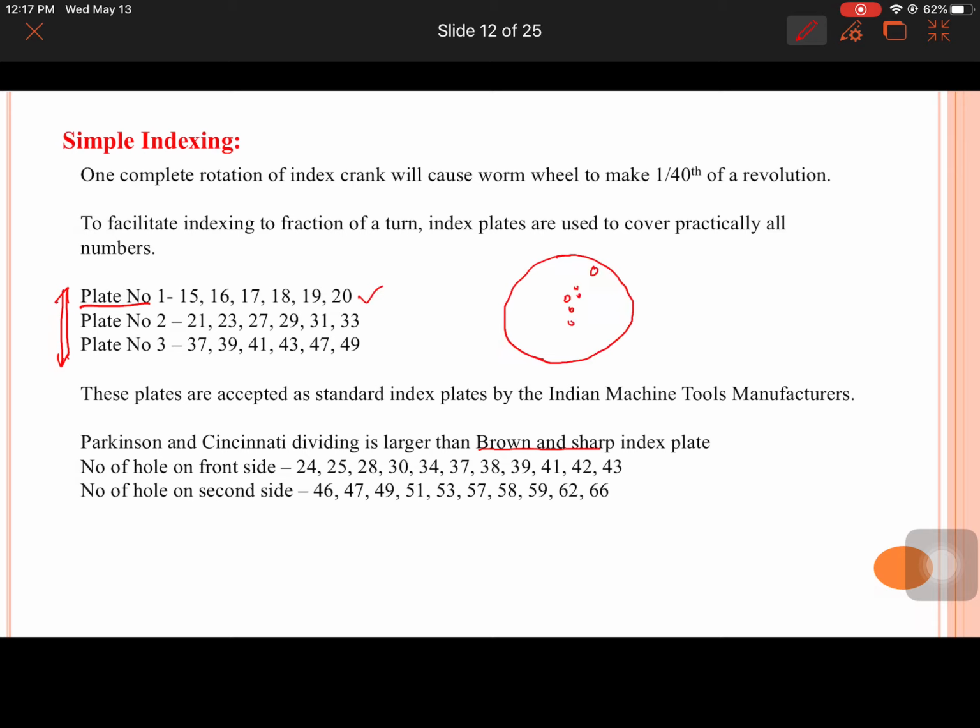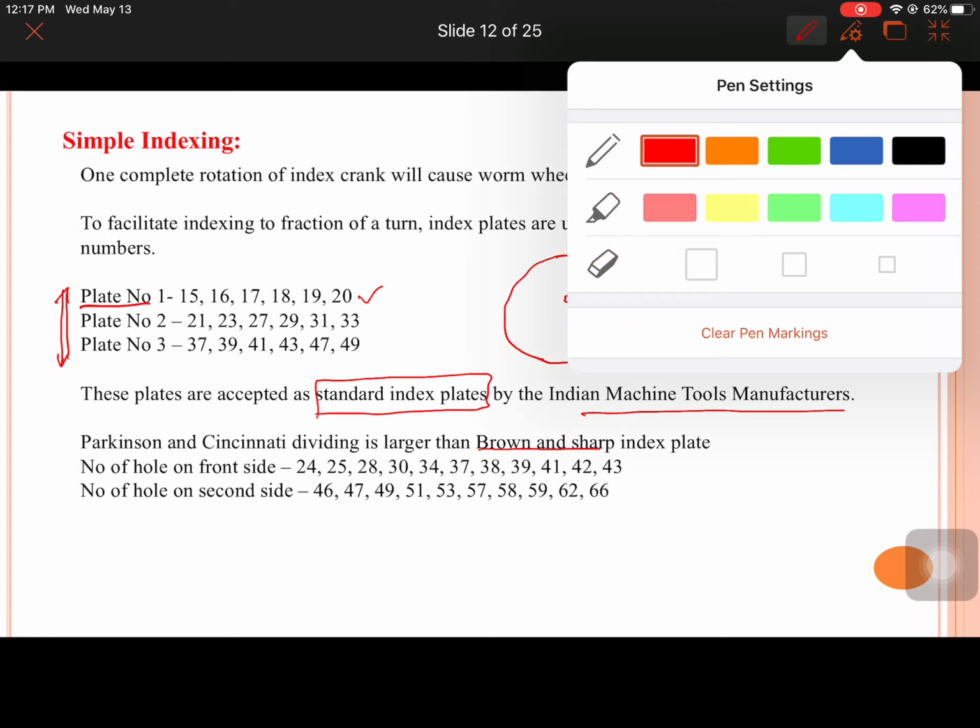That means there is a 15 hole circle, then 16, then 17, then 18, then 19, then 20 hole circle. Similarly, plate number 2 and plate number 3. These are accepted as the standard index plates by Indian machine tool manufacturers. There are other types of index plates that were also developed by Parkinson, which are given in this slide.